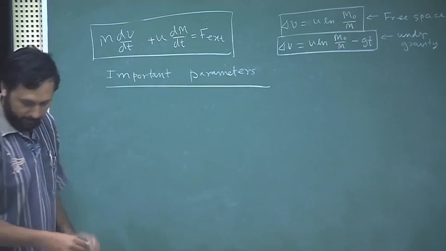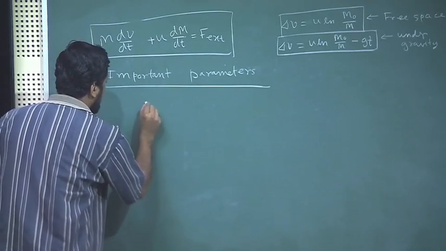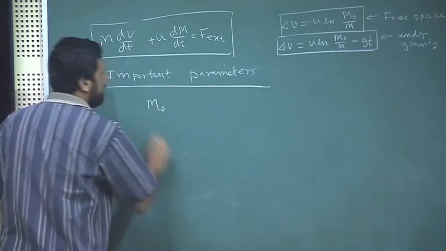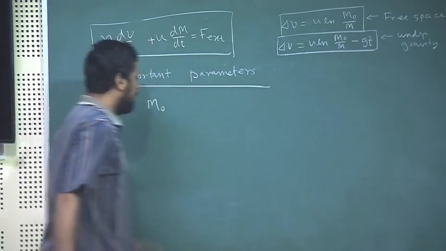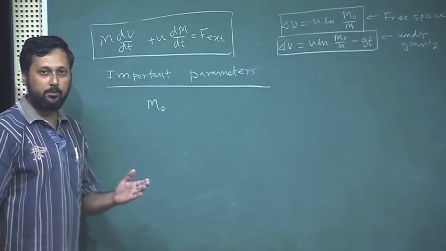Okay. The parameters we are going to introduce, first one is m0, which is already there in these two expressions. m0 is the initial total mass of the rocket.